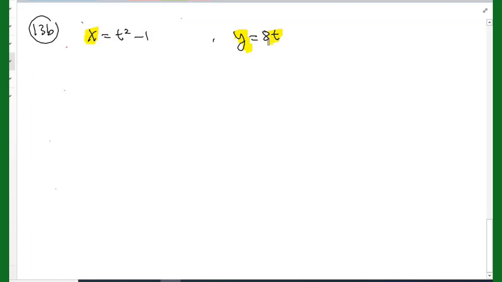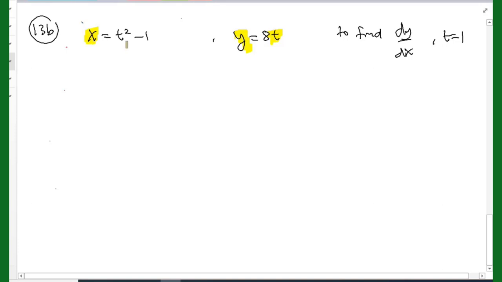Normally you find y and x together, but now we're going to find dy/dx when t is equal to 1. Given x in parameter t and y in parameter t, you need to find dy/dx, which has no t. So you need to use the chain rule. How to use the chain rule? This way, you have to differentiate.